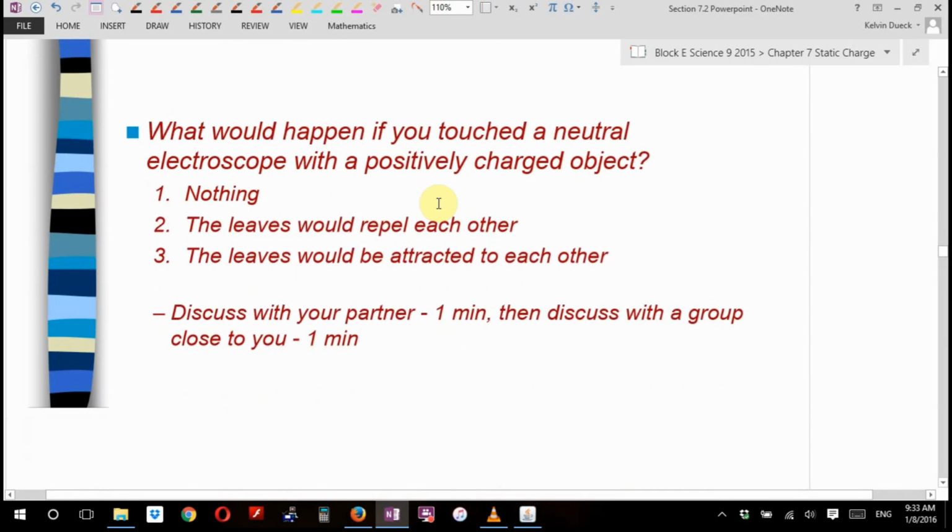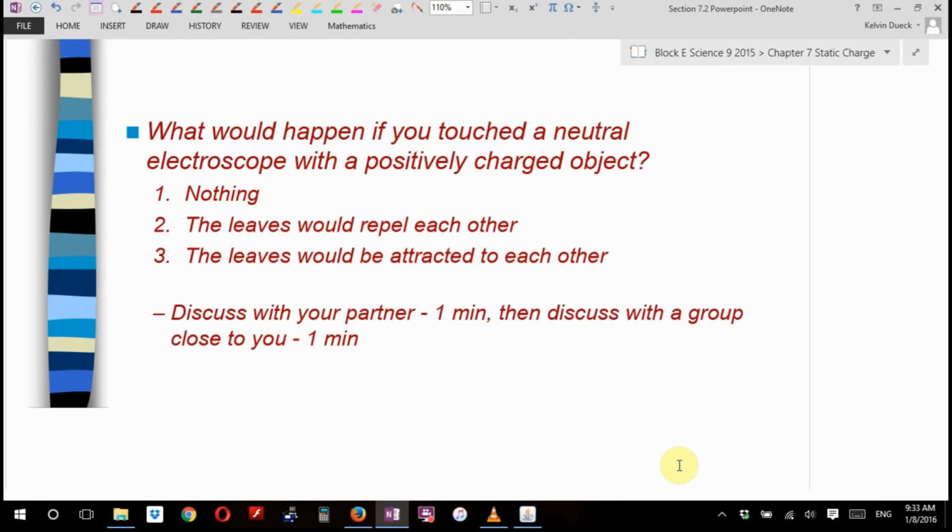What would happen if you touched a neutral electroscope with a positively charged object? Nothing? The leaves would repel each other, or the leaves would attract each other? We're going to vote. How high you hold your hand up is how sure you are of the answer. I'm positive. I'm pretty sure.